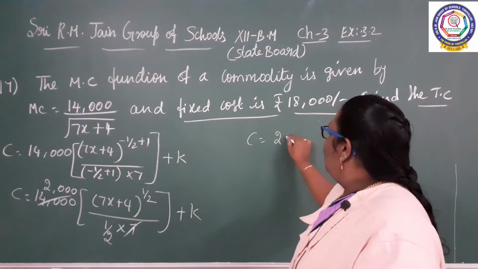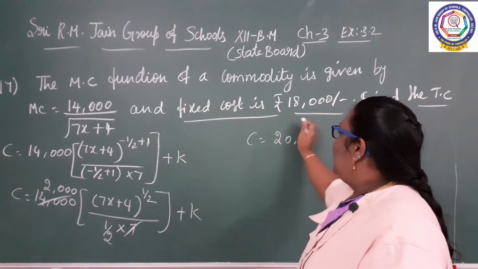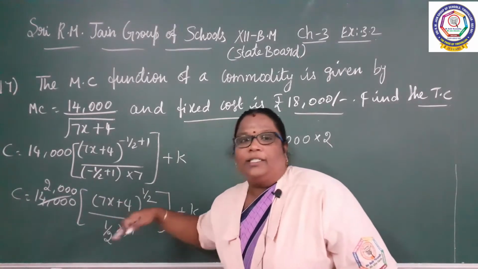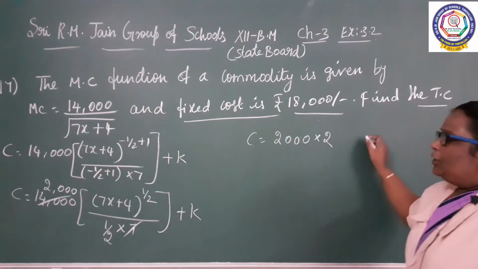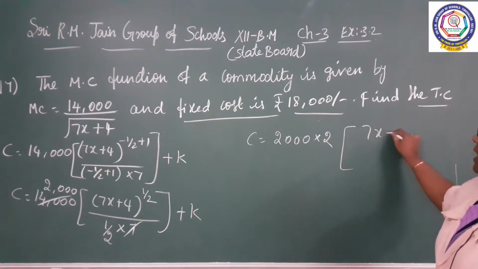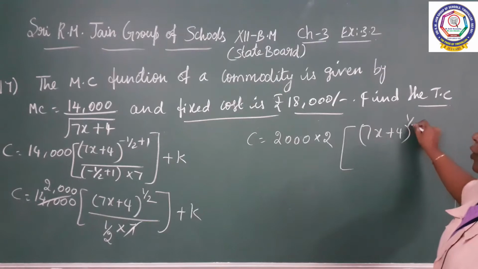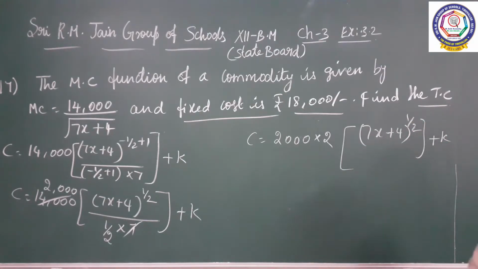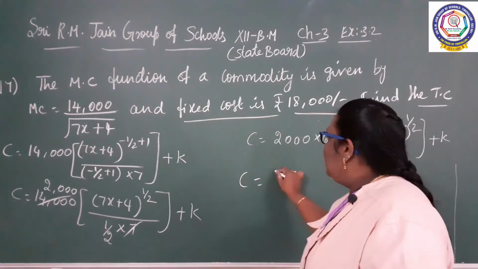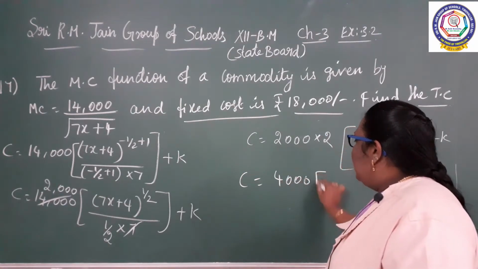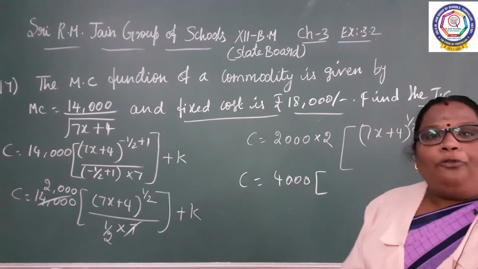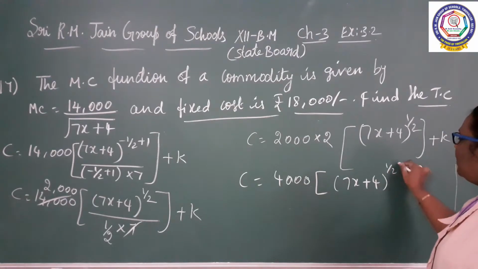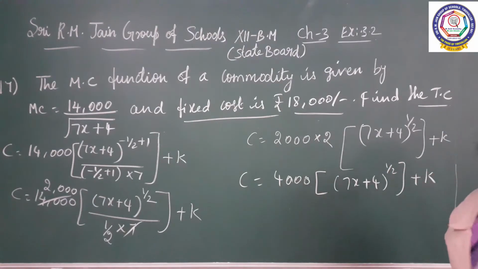C equal to 2,000 into 2 into (7x plus 4) whole power 1 by 2 plus k. So, C equal to 4,000 into (7x plus 4) whole power 1 by 2 plus k.